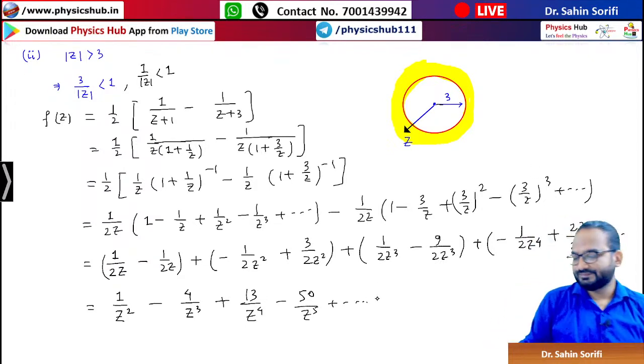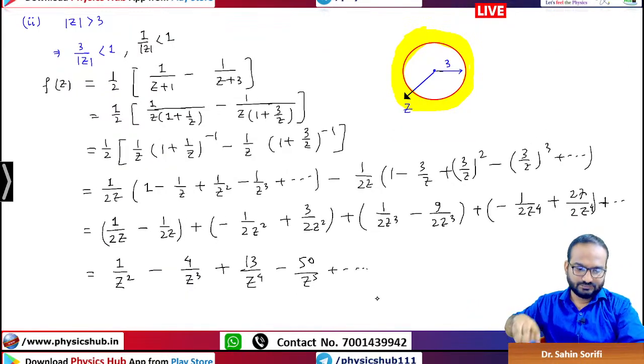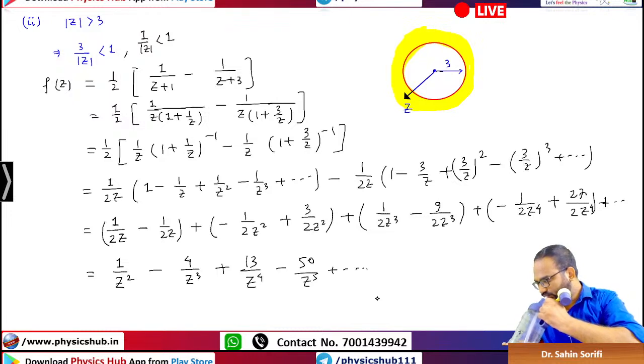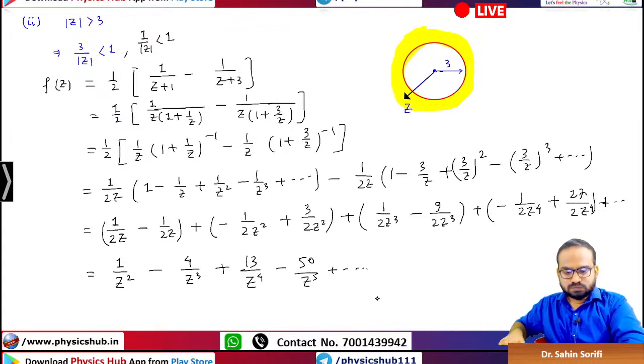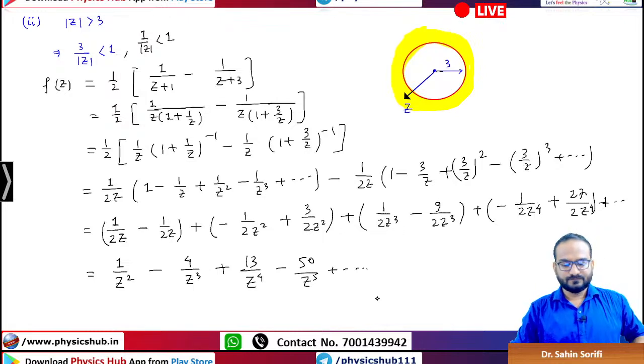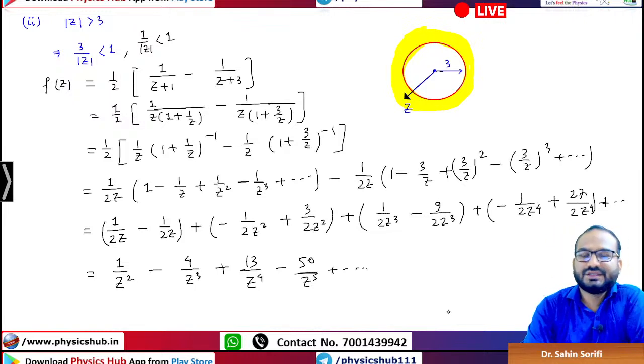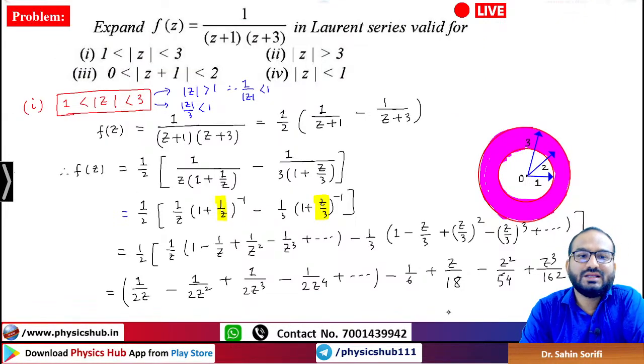The second one done, can you do it for the third one? What is the third one? 0 less than mod z plus 1 less than 2.